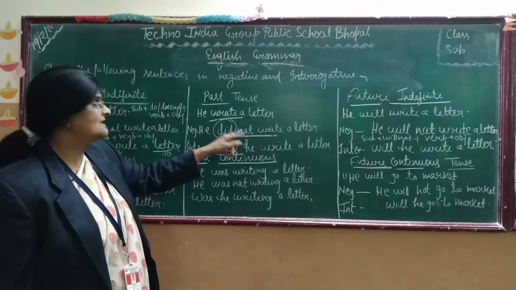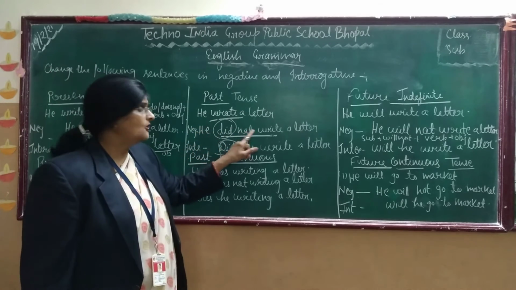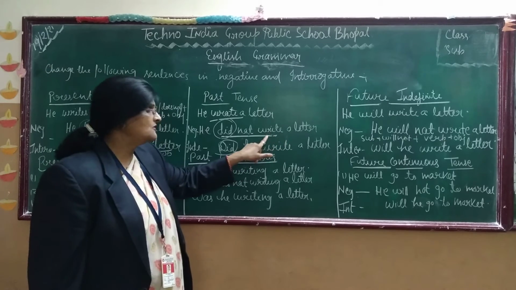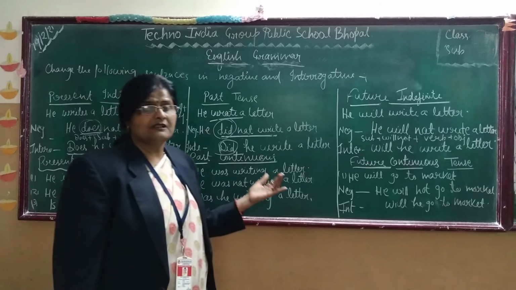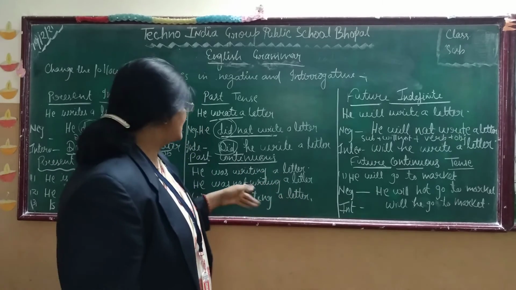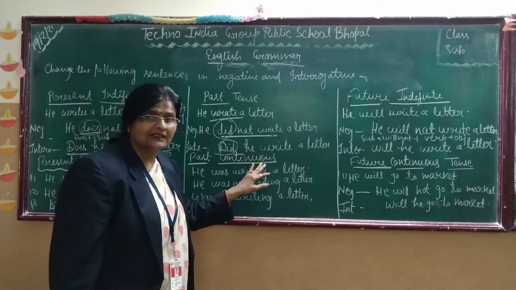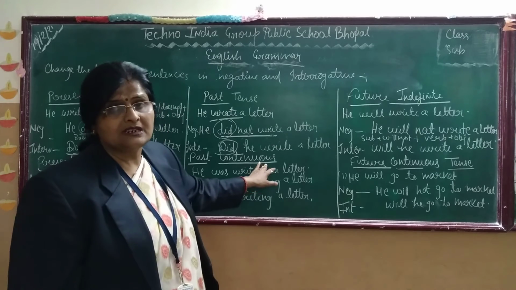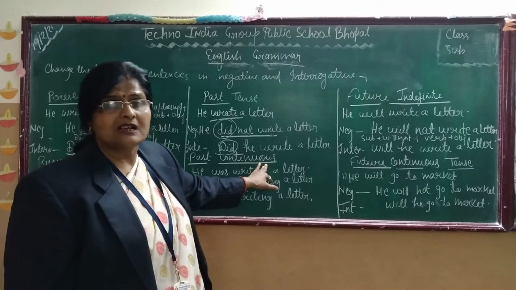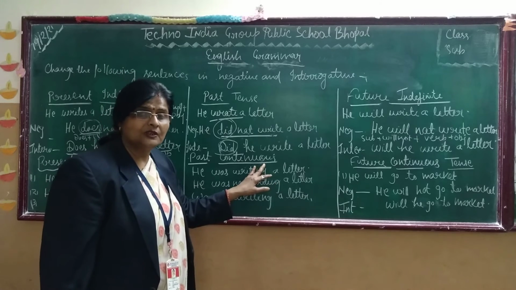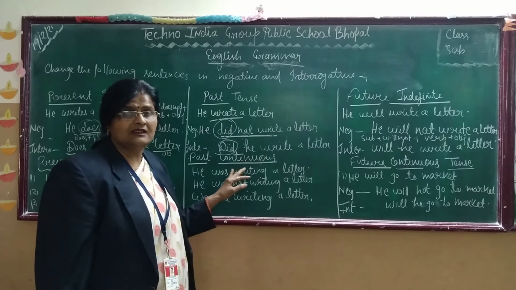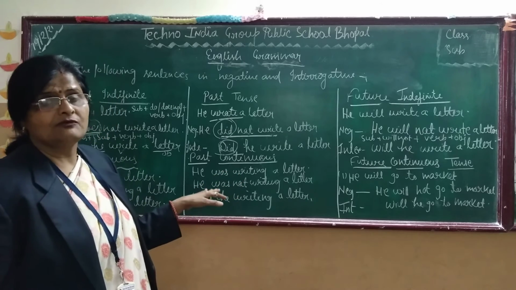In negative sentence, we will write he did not write a letter. Here we use the first form of the verb. And if we want to change it into the interrogative sentences, then we will write did he write a letter? क्या उसने पत्र लिखा? Here I am asking a question. Okay, did you write a letter? क्या तुमने पत्र लिखा? Did you go there? क्या तुम वहाँ गए?